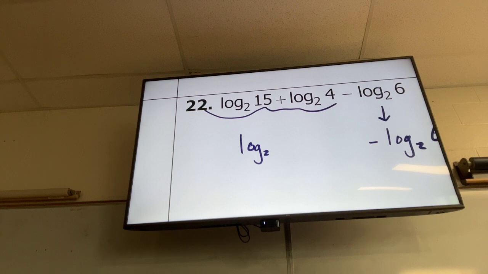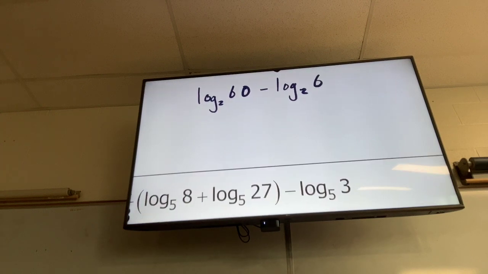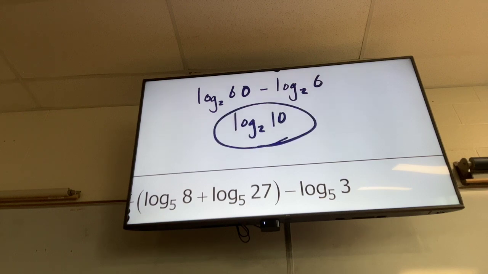Multiply. Okay, so log base 2 of 60 minus log base 2 of 6. And then what's going to happen to these 2? They become 60 divided by 6, which is 10.